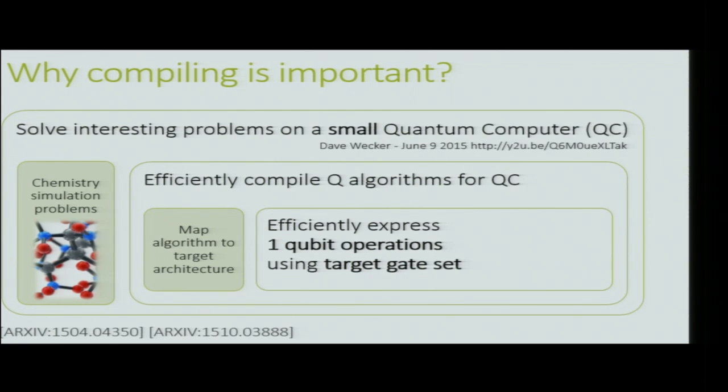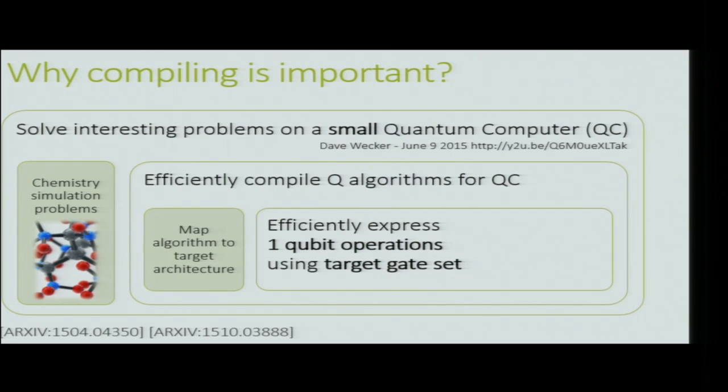Quantum computers are a new technology, and the idea behind them is that people want to use the laws of quantum mechanics to solve problems that are otherwise very hard to solve on classical computers. The group I'm working in is particularly interested in solving interesting problems that are not addressable using modern supercomputers, on a small quantum computer.